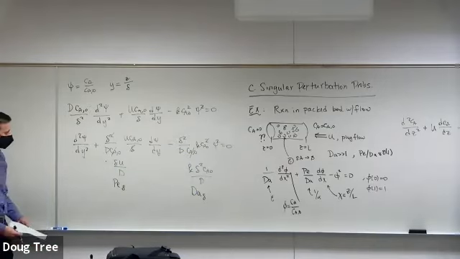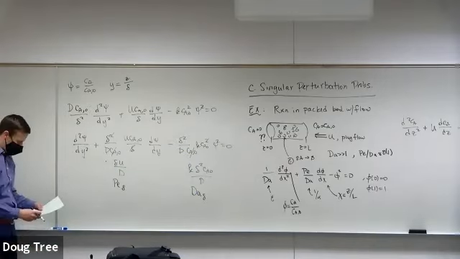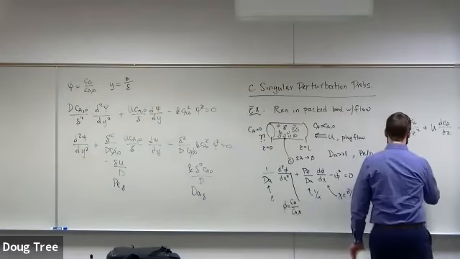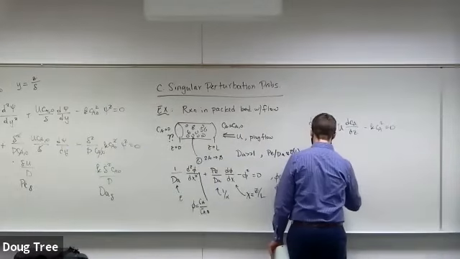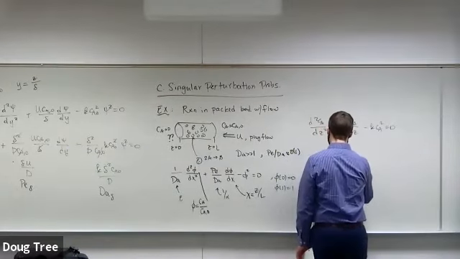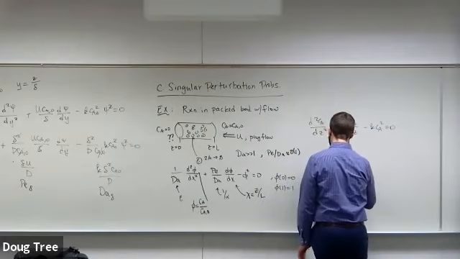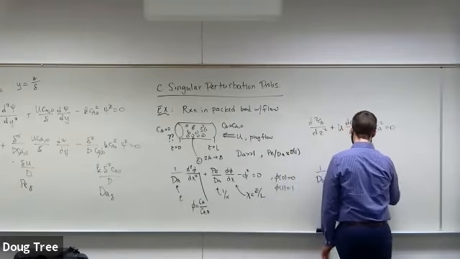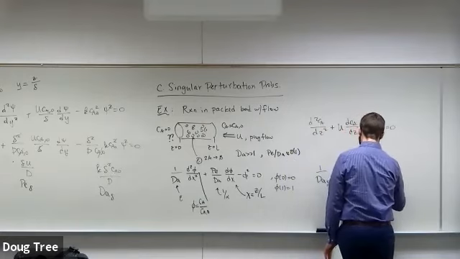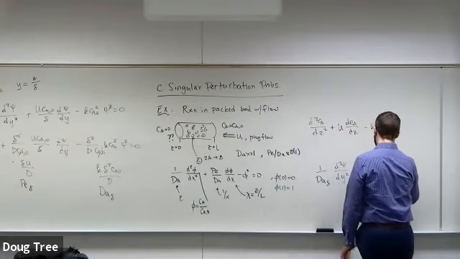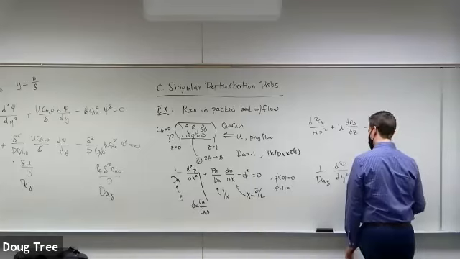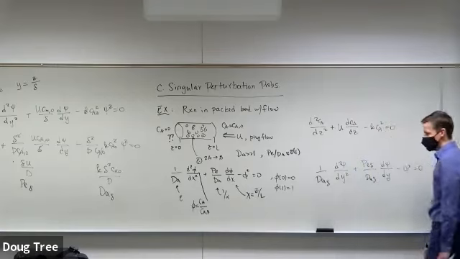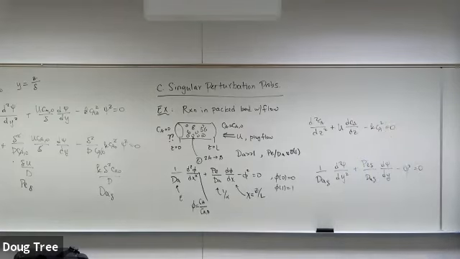Okay, and so I can rewrite my final equation here using the same thing, and I'm going to get 1 over Damkohler delta, d squared psi dy squared, plus Peclet delta divided by Damkohler delta, d psi dy, minus psi squared equals 0. So I'm going to have the same thing, okay?